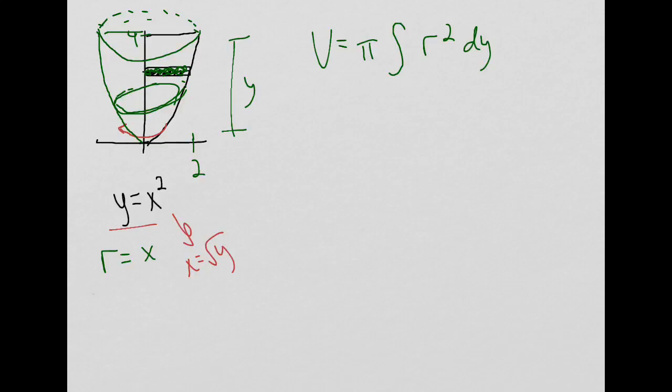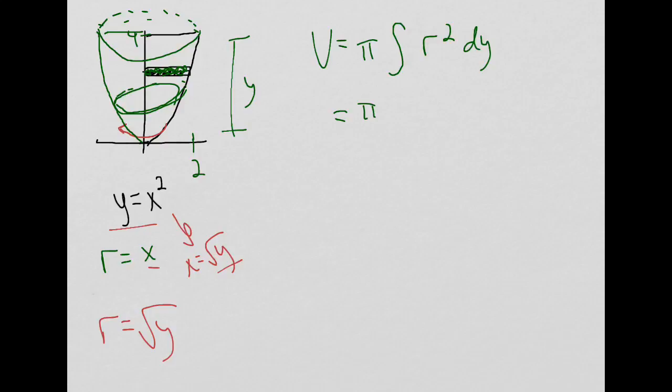And then I substitute this x with this. So since the radius is x, I can instead say the radius is the root of y. And now if I plug that in to here, I'll be able to integrate it because this variable and this variable will be the same thing. So let's go ahead and do that.